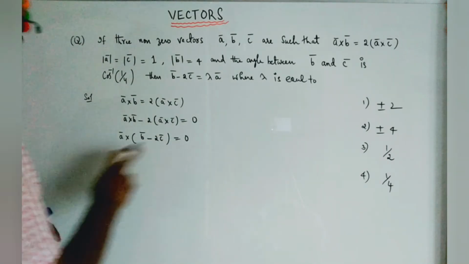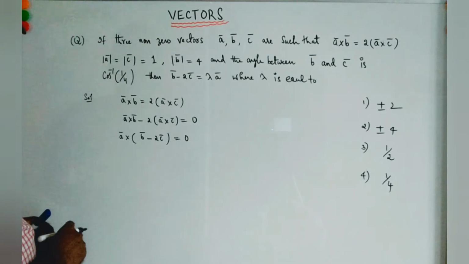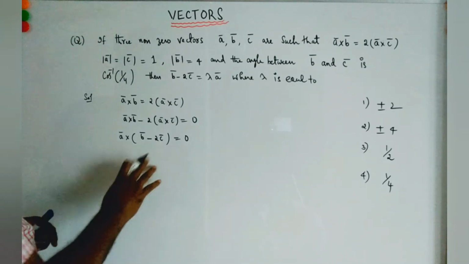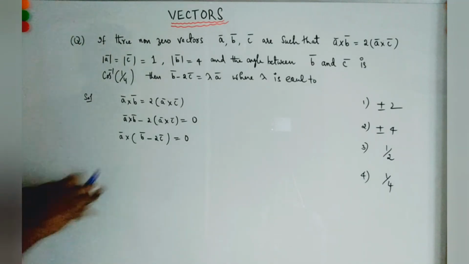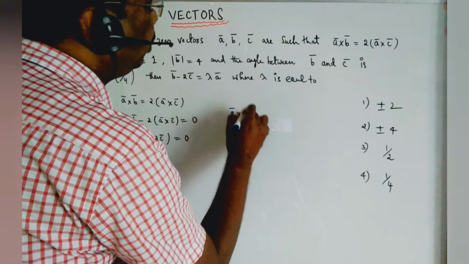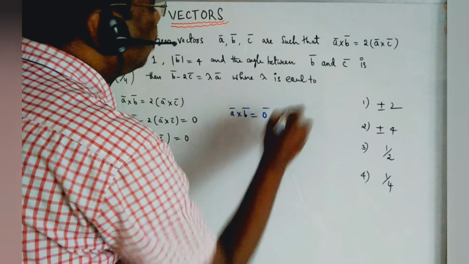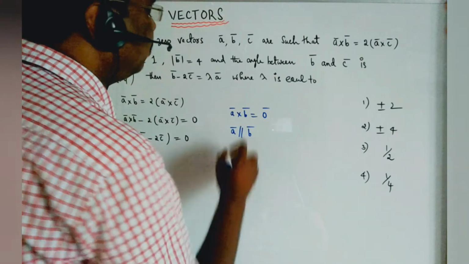Here a bar cross (b bar minus 2c bar) equal to 0 bar means a bar is parallel to b bar minus 2c bar.